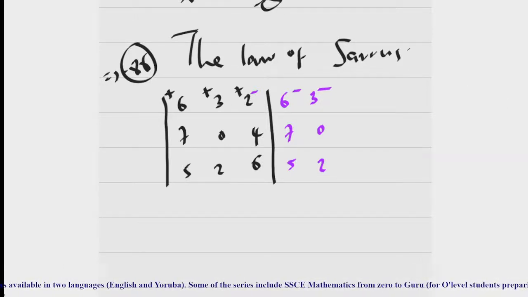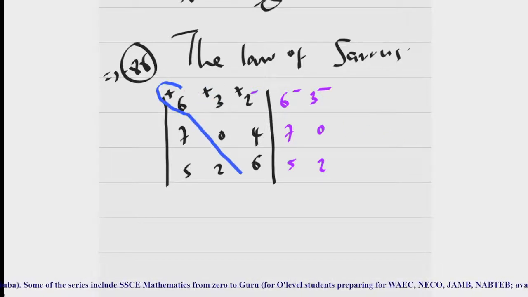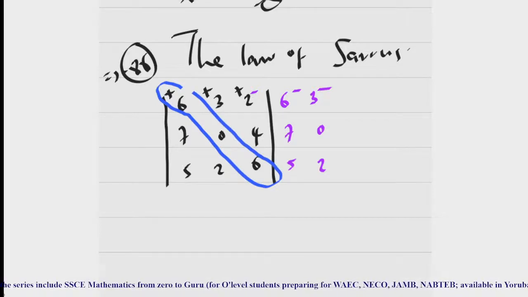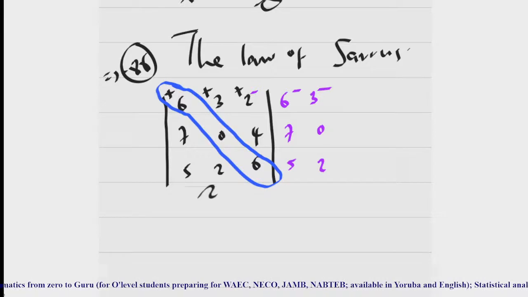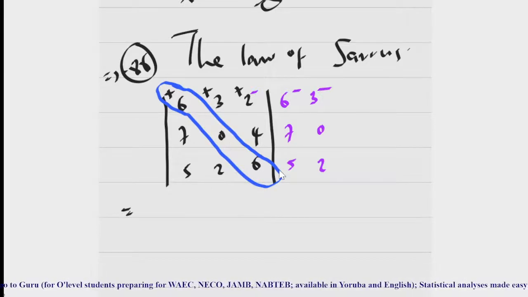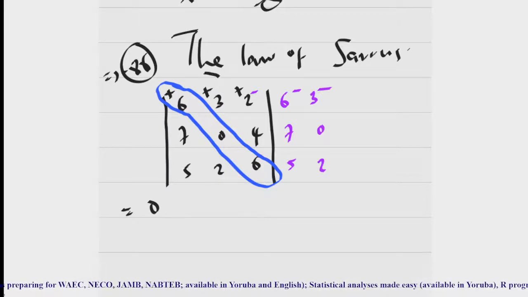So then you take the elements that go through this diagonal and you multiply them together. If I multiply this together, it will be 6 times 0 times 6, that's 0. Then you do the same for this one as well.